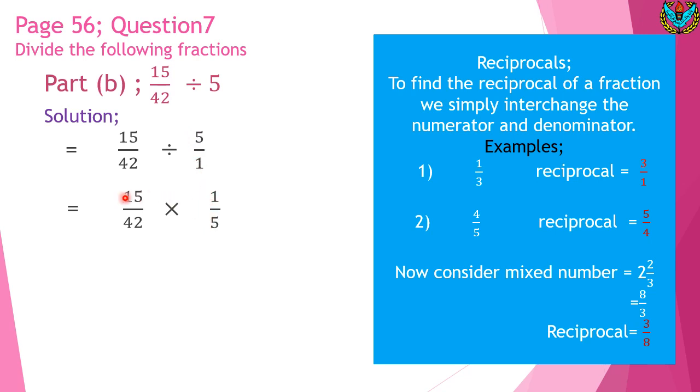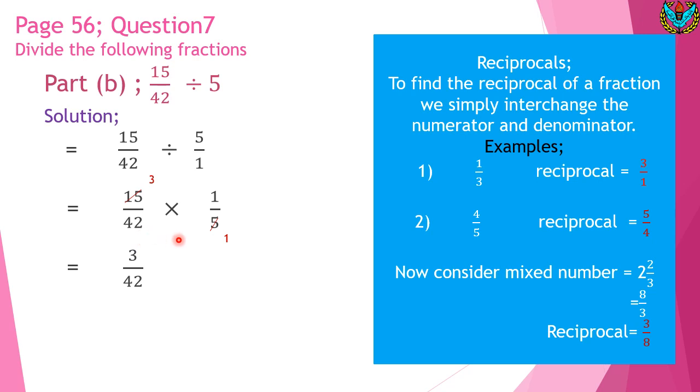Now simply we can solve this. This 15 and this 5, both of them are divisible by 5, so cross cancellation is possible here. We divide this 5 by 5 and we get 1. Divide this 15 by 5 and we get 3. Now multiply this 3 and this 1, we get 3.